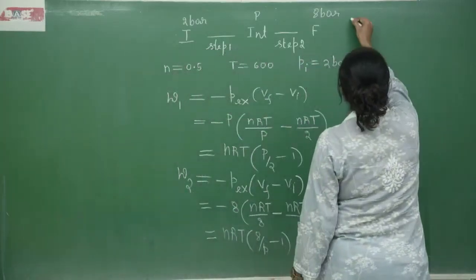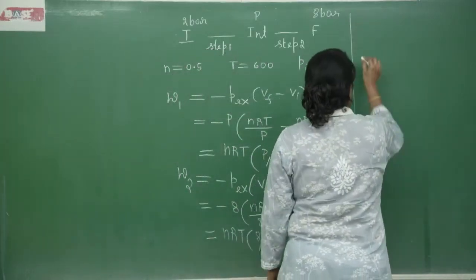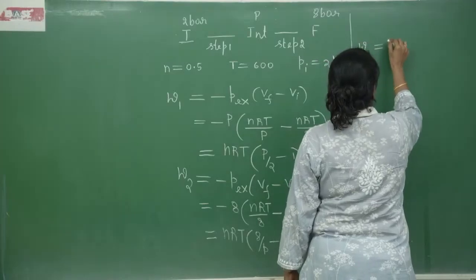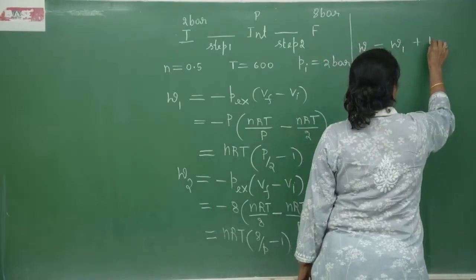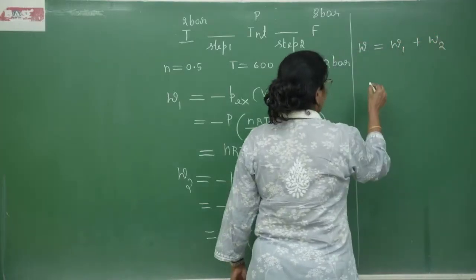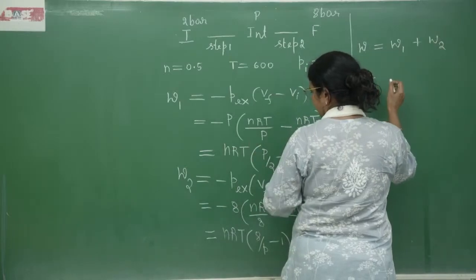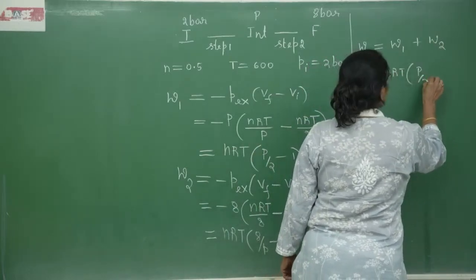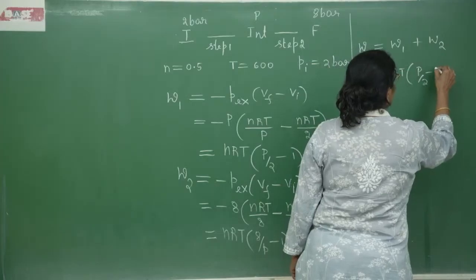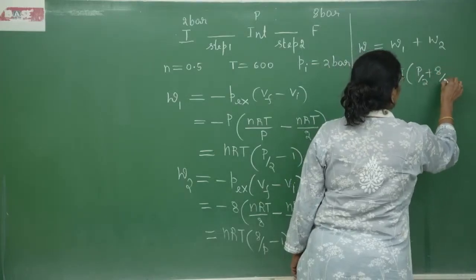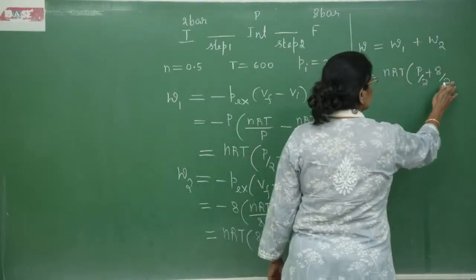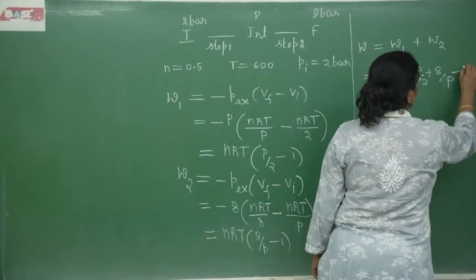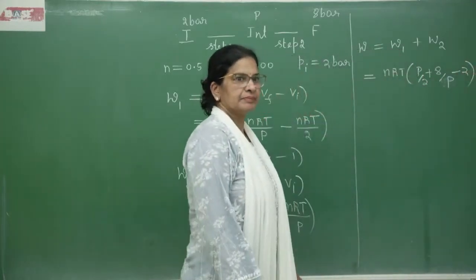Now the total work done will be the work done in the first step plus the work done in the second step. The work done in the first step will be nRT into P by 2 minus 1. We will add it together, plus 8 by P minus 1, so on adding, minus 2.